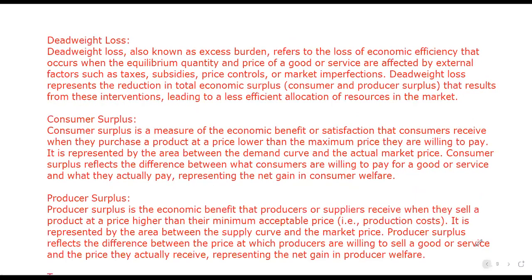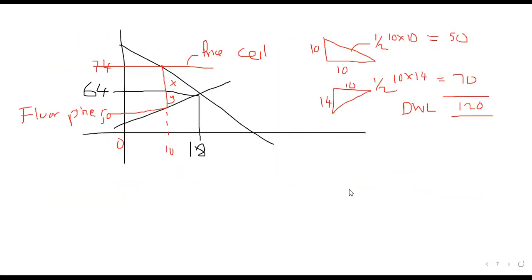So look at what will happen here. If there's a tax, it will cause a shift outwards. Because of the tax of 10 kwacha, our equilibrium price will now change from 18 to 20. Our equilibrium quantity will increase from 64 to 70.